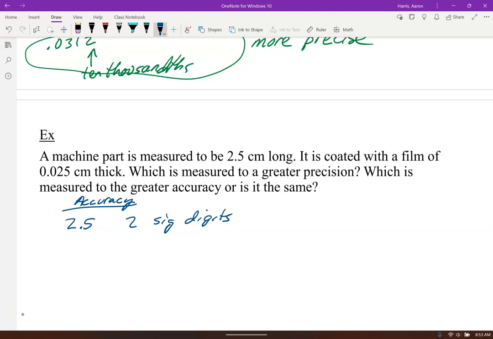And then it's coated 0.025. How many significant digits does that have? So 0.025 has 2 significant digits. That's just a leading 0 placeholder there. So we conclude, as far as accuracy is concerned, same accuracy.